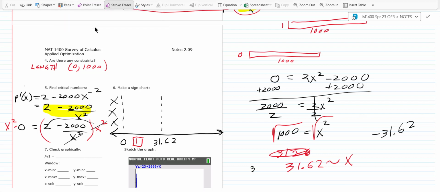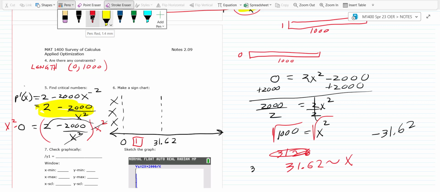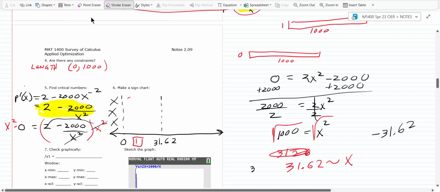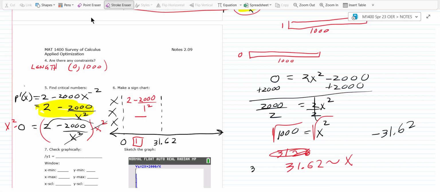Derivative. Remember, when you're doing a sign chart, you're testing the first derivative. So I highlighted the first derivative in yellow. So you do 2 minus 2,000 over 1 to the second. That's a negative. So am I decreasing or increasing? Decreasing. That's what we're kind of hoping will happen.